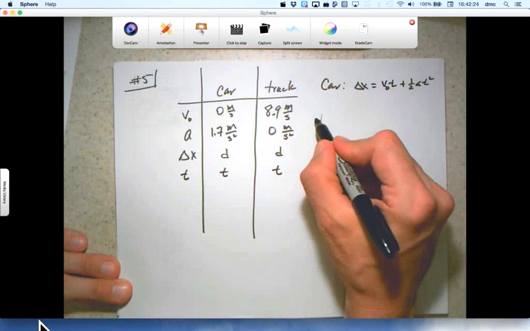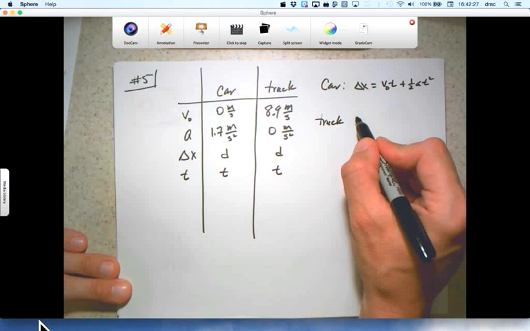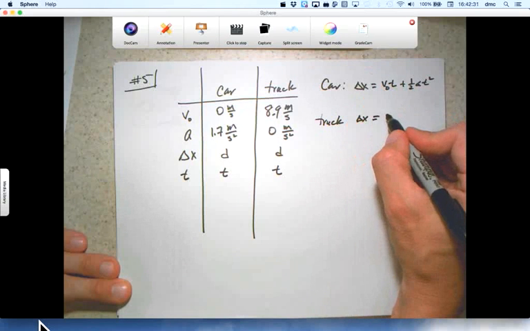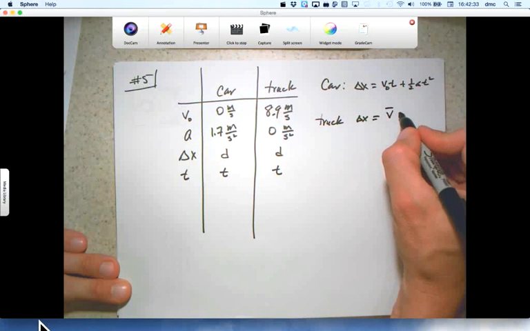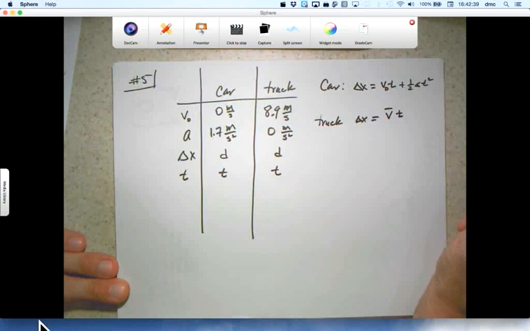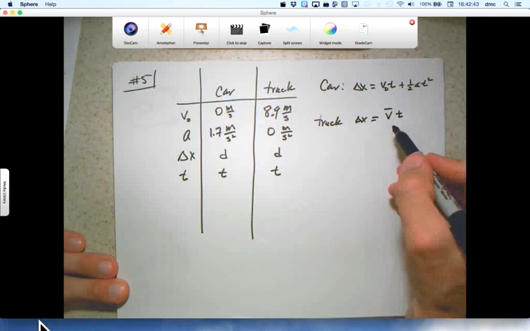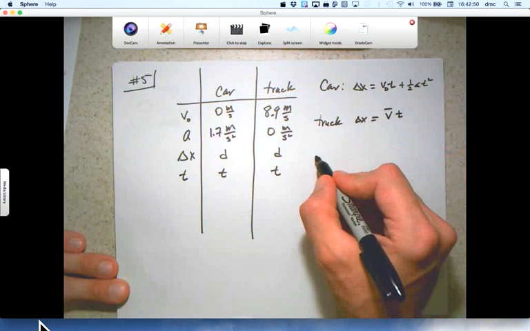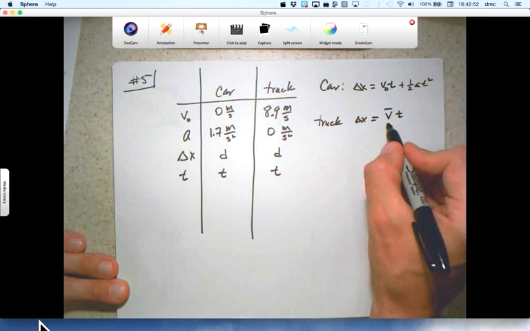So the truck, delta x, or d, is equal to simply its constant velocity, or average velocity, times time. So we can say that since these two displacements are the same, we can set them equal to each other. So this is average velocity for the truck.